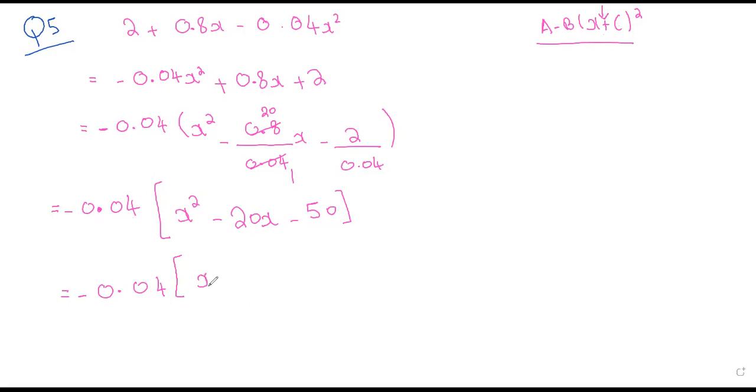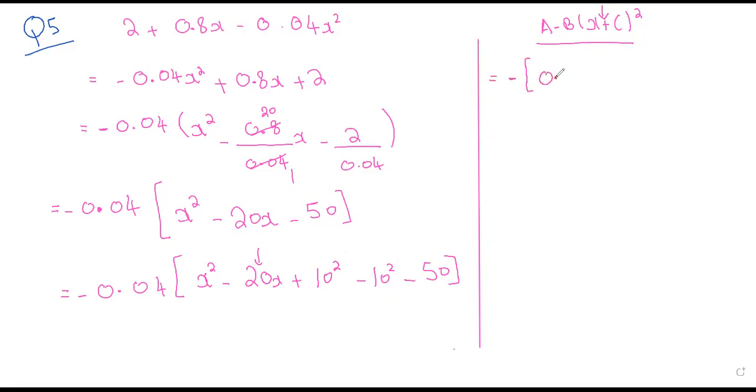Okay, so it would be x squared minus 20x and then half of this number, that would be 10 squared, and then minus 10 squared, and then minus 50. This is what I am going to have, and then minus 0.04.